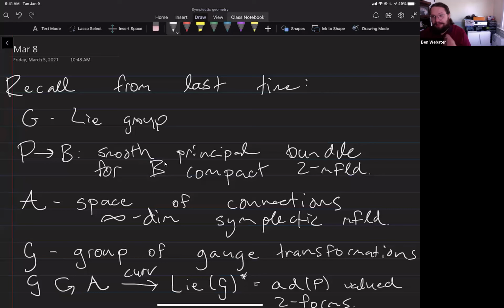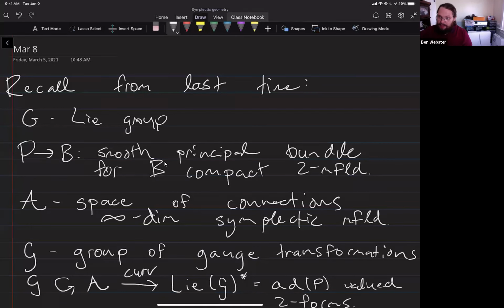And we saw last time that this is an infinite dimensional symplectic manifold, where the symplectic structure is: you interpret a tangent vector to the space of connections as a one form valued in the Lie algebra. You wedge those together. You apply an inner product on the Lie algebra to the Lie algebra part.